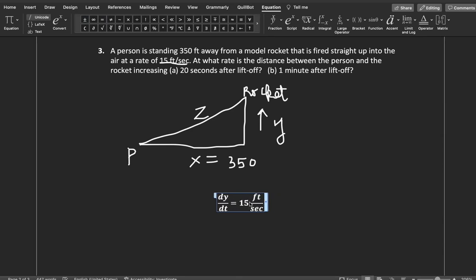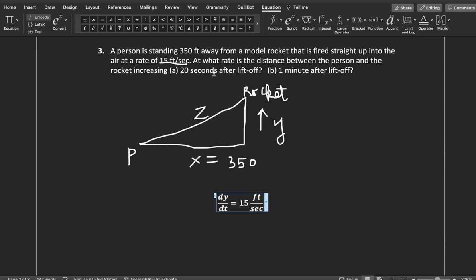And then, we're asked to determine z prime or dz/dt, right? For each given time.